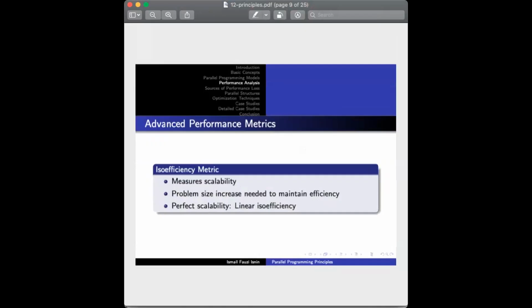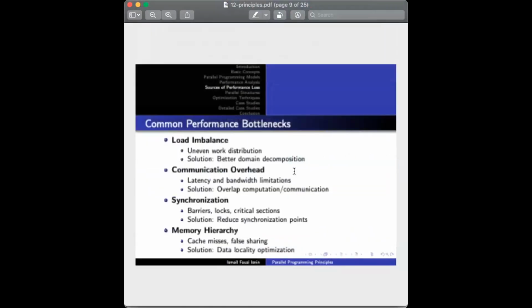Now, common performance bottlenecks. This is a categorized list of performance losses: load imbalance, communication overhead, synchronization, and memory hierarchy. To design a highly optimized system, you must learn to identify and mitigate the four primary sources of performance loss.